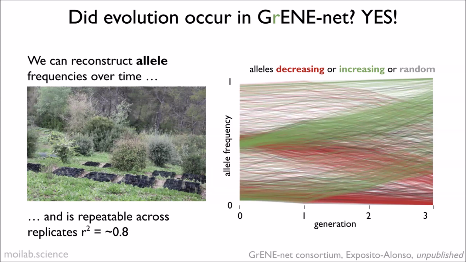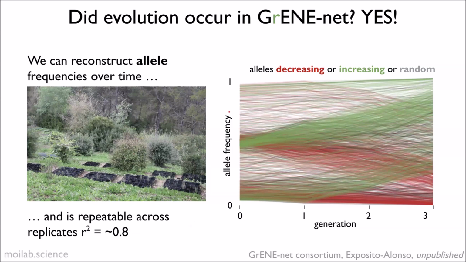But if those allele frequencies go in the same direction across 12 independent populations in the same environment, like this green increasing or red decreasing, it's highly suggestive of natural selection. And the correlation in some sites is actually very high. So it's highly parallel selection.